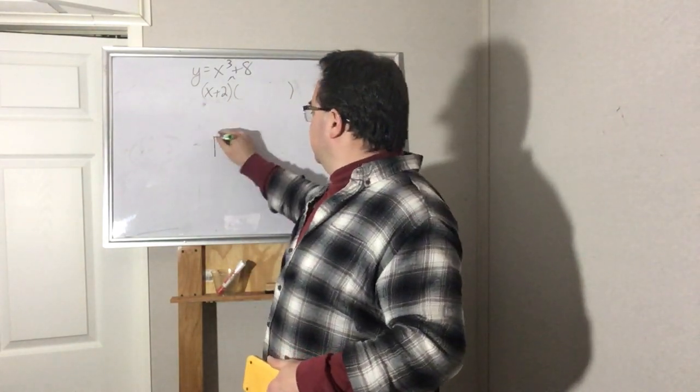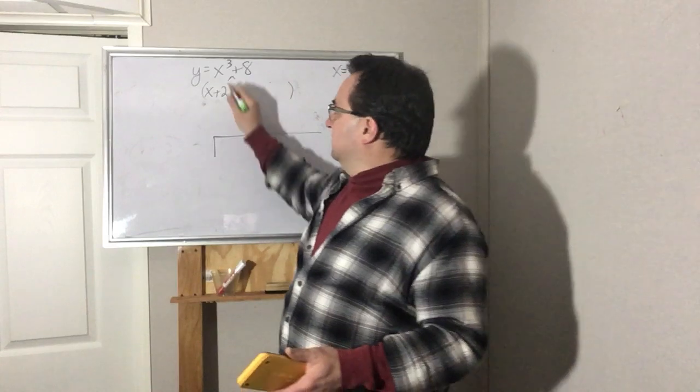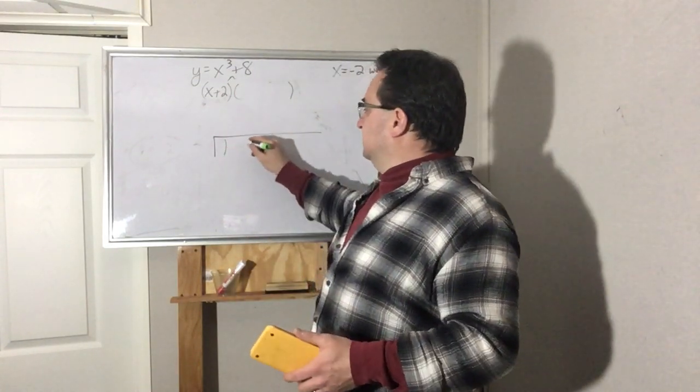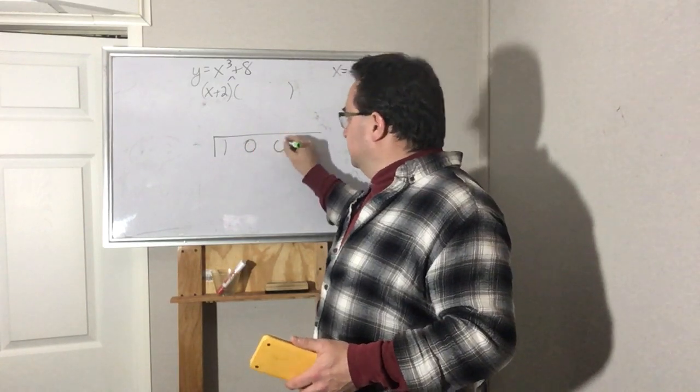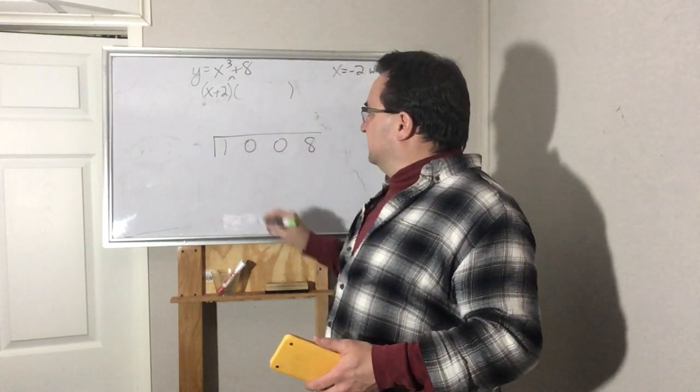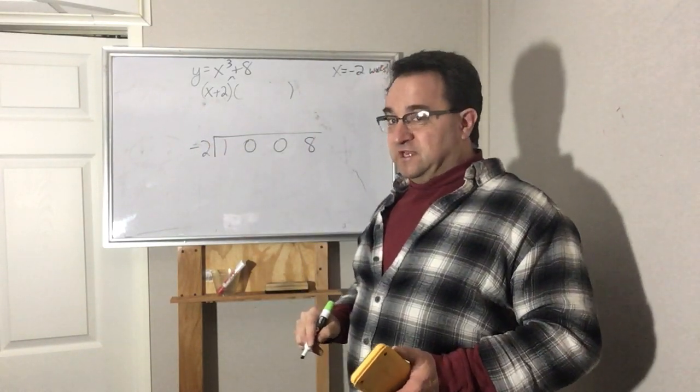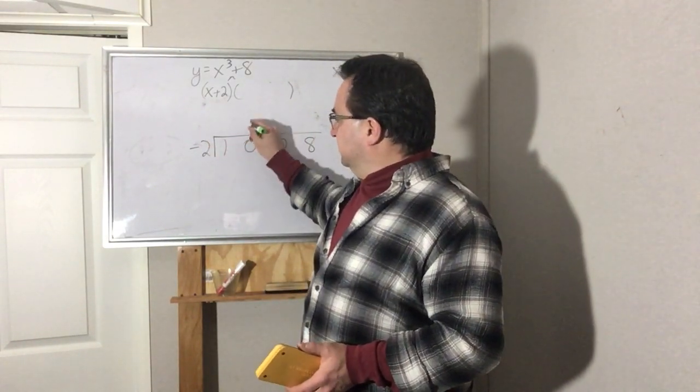So I'm going to use synthetic division. And now you've got to be careful here. See, you're missing the squared in the x term. So I have 1x cubed, no x squareds, no x's, and 8. And I've got to switch that sign. So there's your setup. Pull this up.